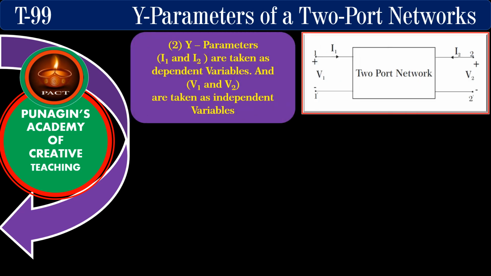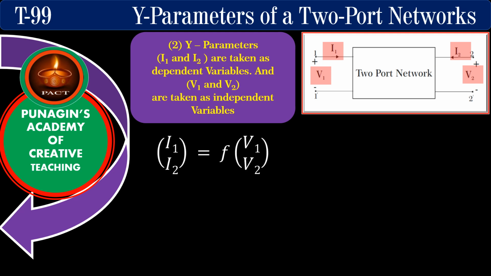Friends, next we shall discuss Y parameters of a two-port network. In case of Y parameters, I1 and I2 are taken as dependent variables and V1 and V2 are taken as independent variables. So based on this, we can say that I1 is a function of both V1 and V2 and I2 also is a function of both V1 and V2.